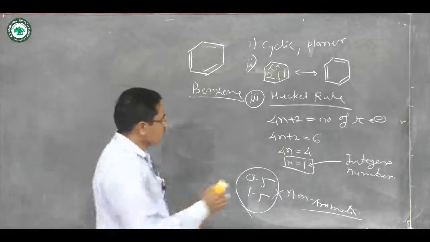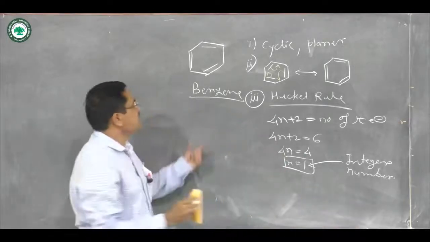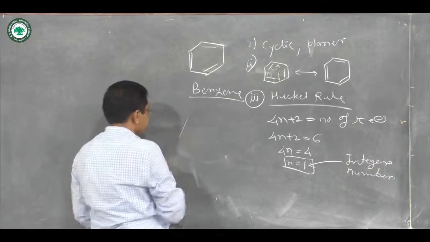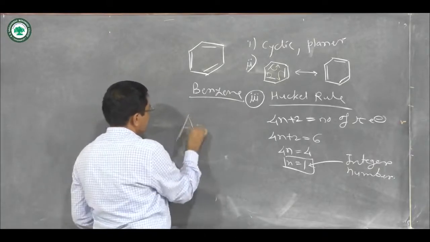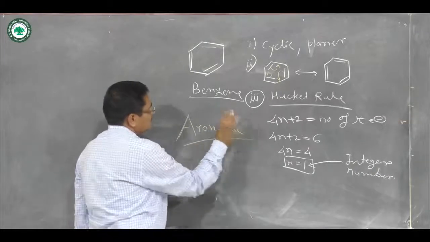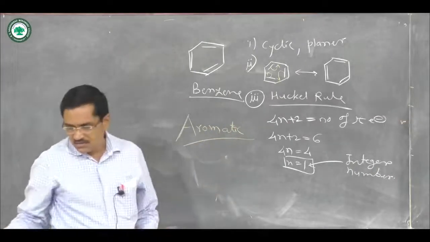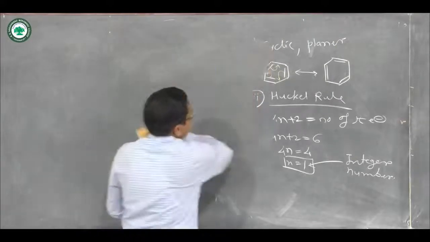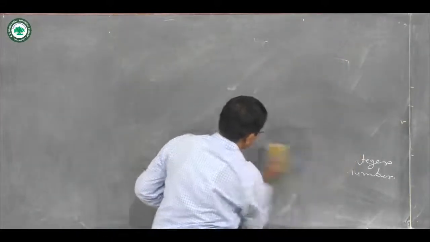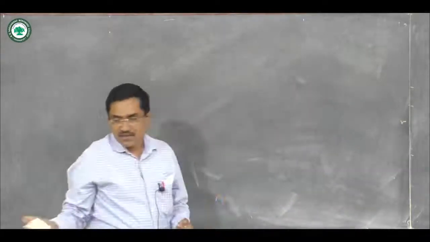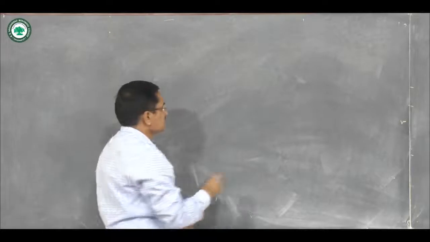Okay, so this benzene compound follows all these criteria, and hence benzene is aromatic in nature. Now we take some more examples from the benzenoid classification.